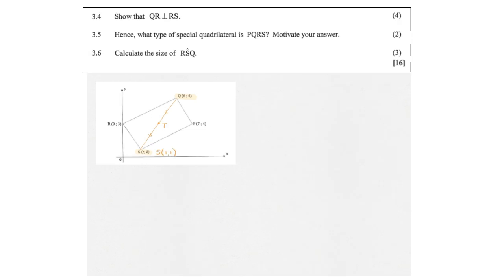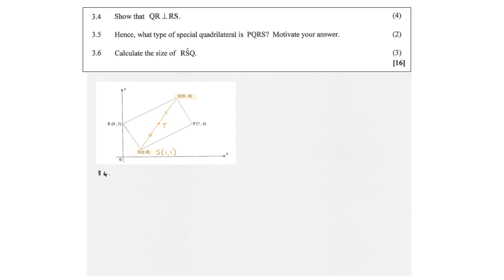Question 3.4. Show that QR is perpendicular to RS. You need to know that for 2 line segments to be perpendicular, the product of the gradients of those 2 line segments has to be equal to -1.